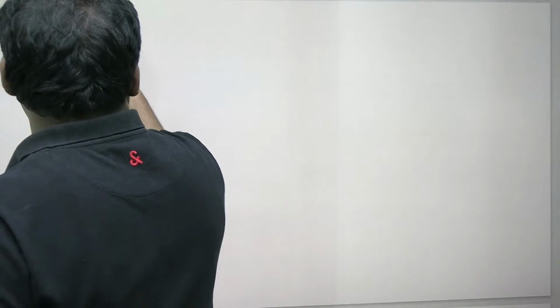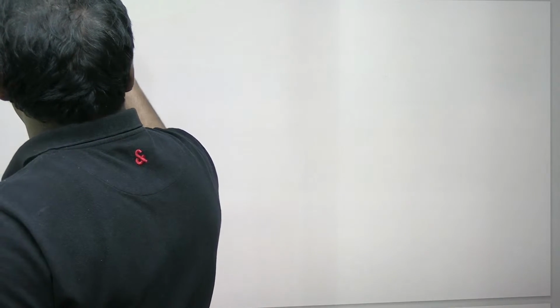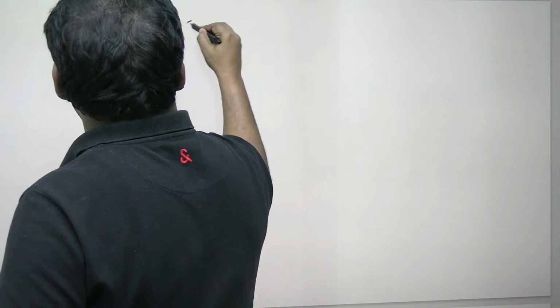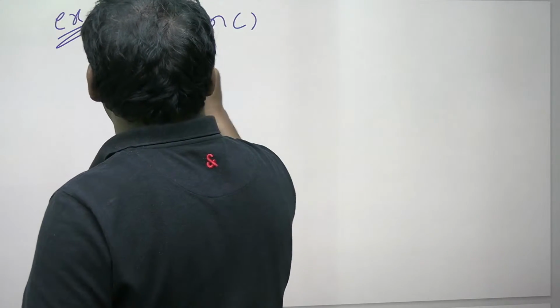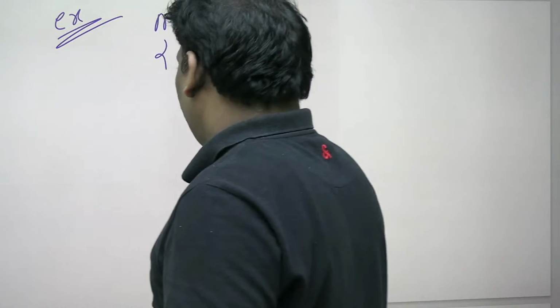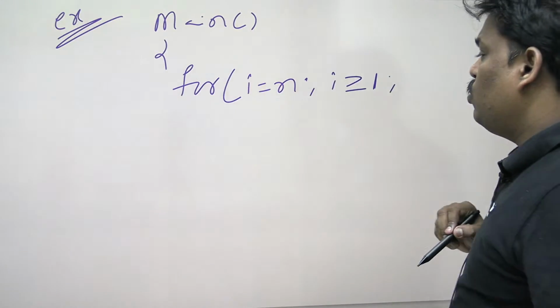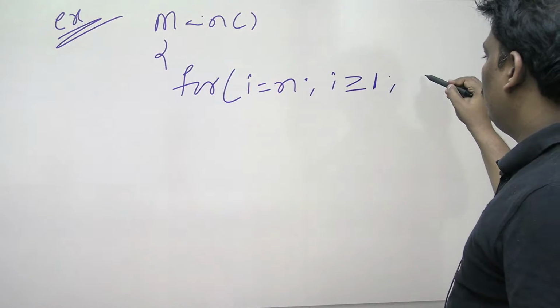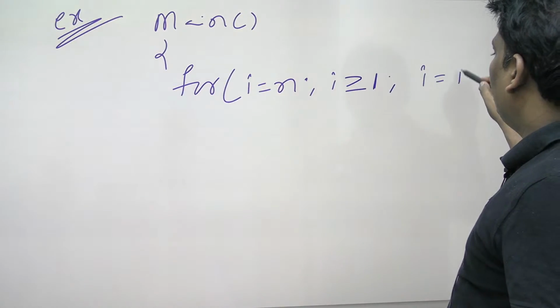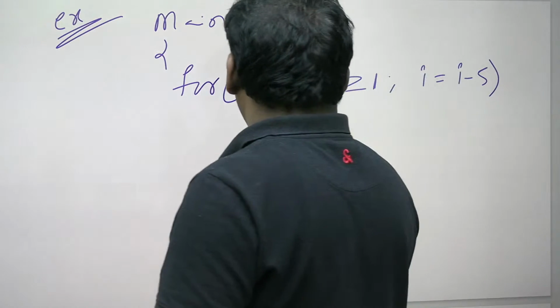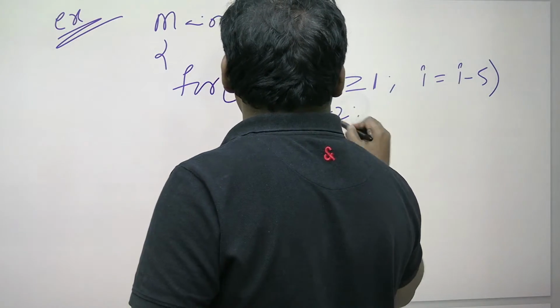Now come here. One more problem. Please take care of this also. For i equal to n, i greater than or equal to 1, i equal to i minus 5, x equal to y plus z.